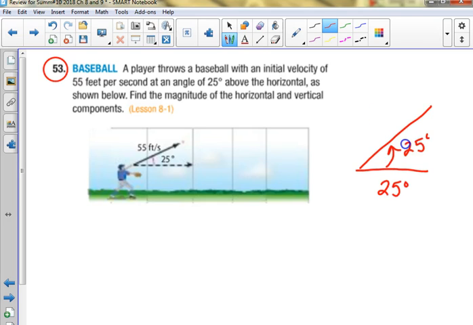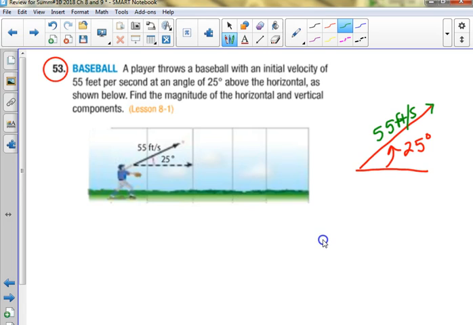How would you find the horizontal components? What if it just said find the horizontal components? Which ones are the horizontal? The x, okay. What's the rule to find the x?